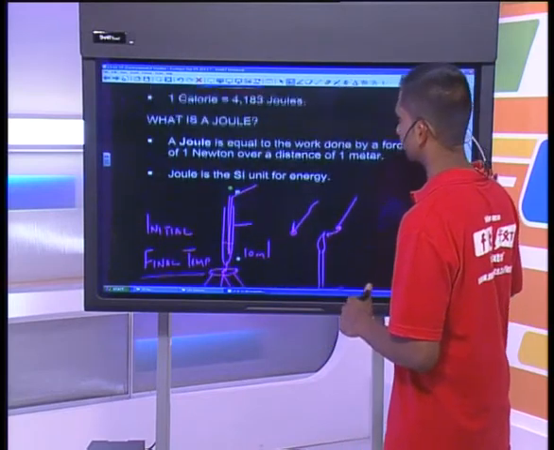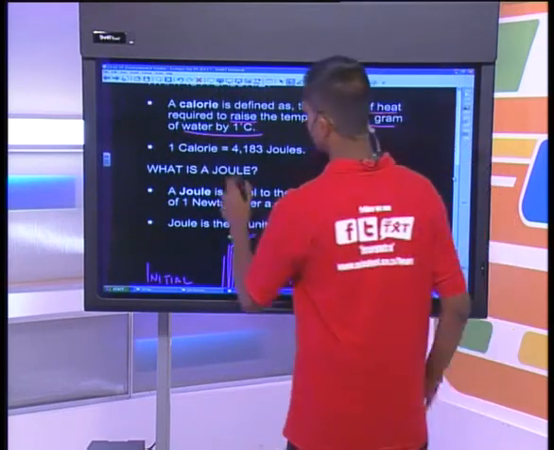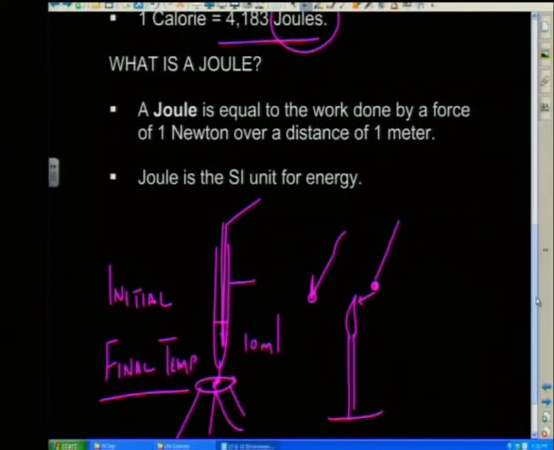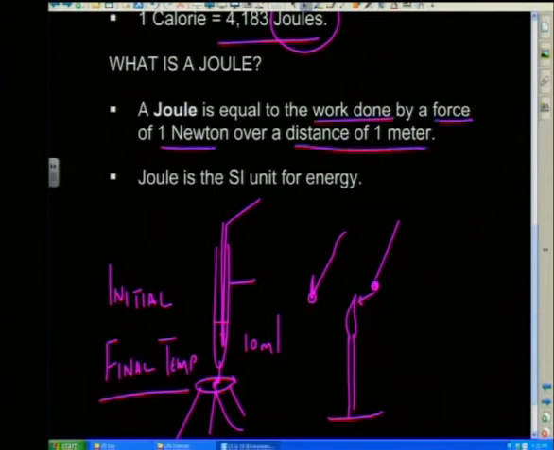Let's look at what a calorie measures in terms of joules. A calorie would measure 4,183 joules. So what is a joule? Okay, let's look at that. This is a quantity that's used in physics, and a joule is equal to the work done by a force of 1 Newton over a distance of 1 meter.